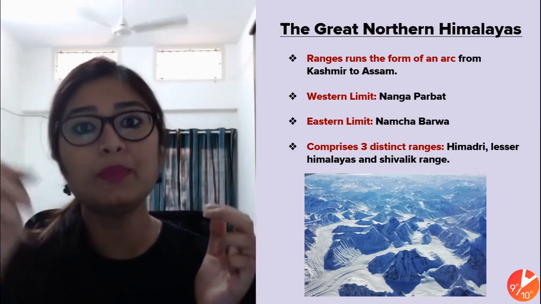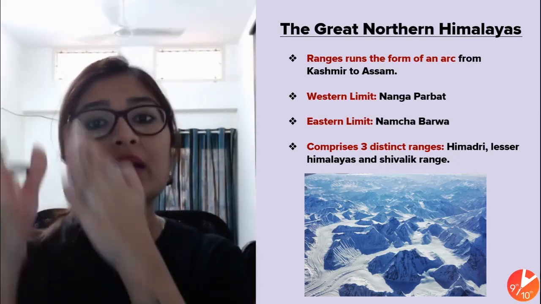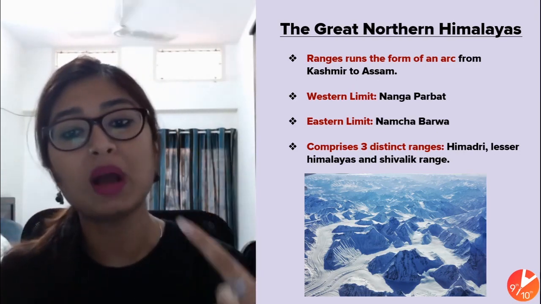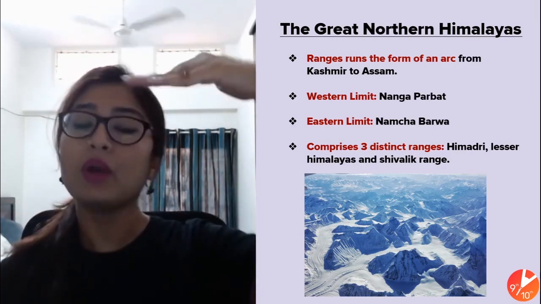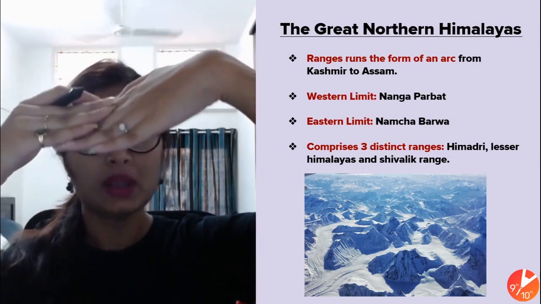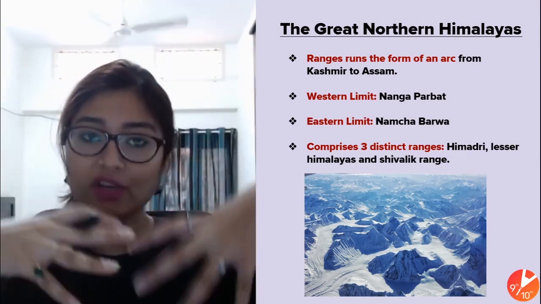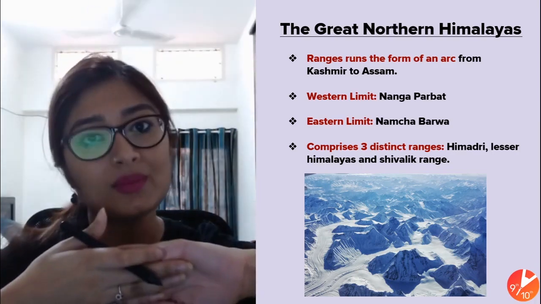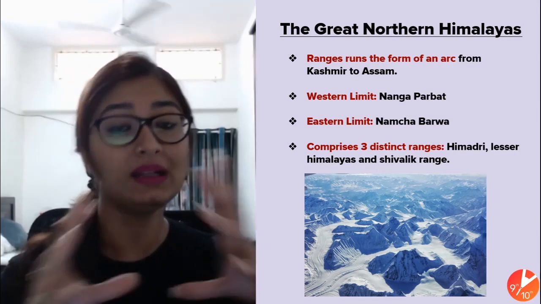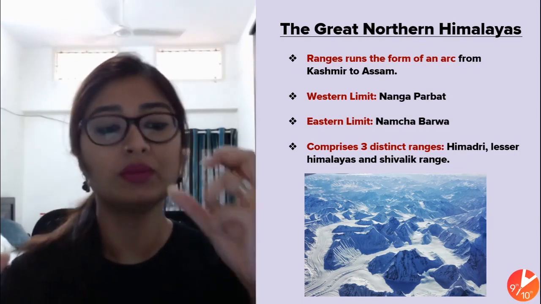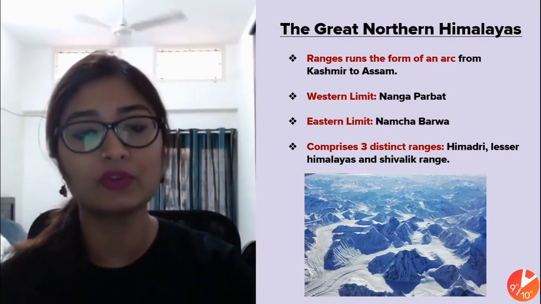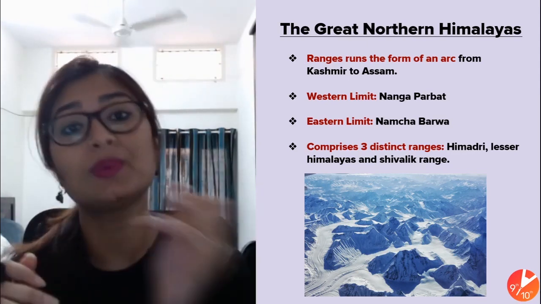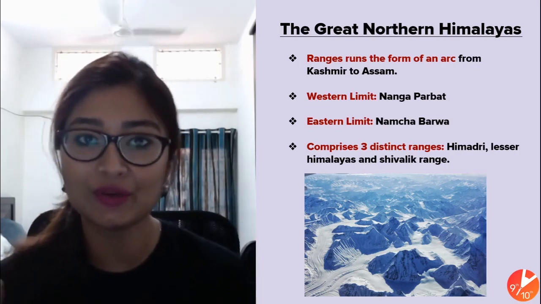So imagine drawing 3 parallel lines, and these 3 parallel lines will all be different ranges, which will be Himadri, Lesser Himalayas and Shivalik. Himadri is on the top, then you have the Lesser Himalayas and Shivalik being the more southern part, which is closer to the country. This part also forms the drainage system. If you talk about the river system, it has the Indus and the Brahmaputra, which we will discuss in detail later.